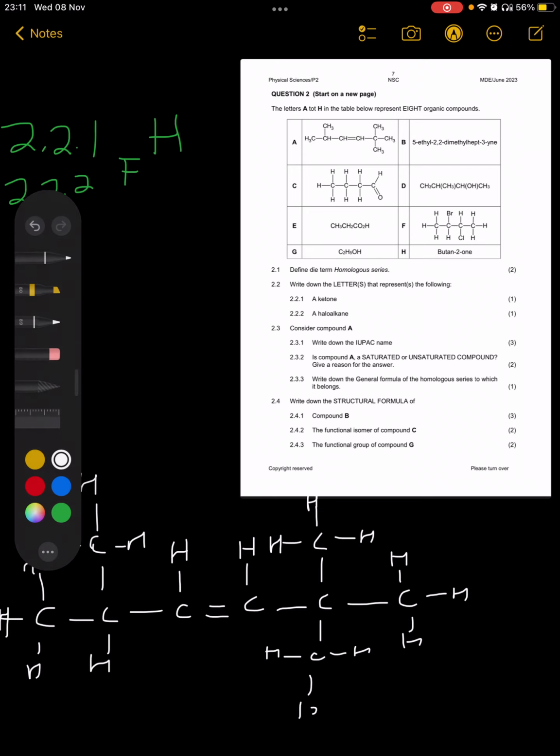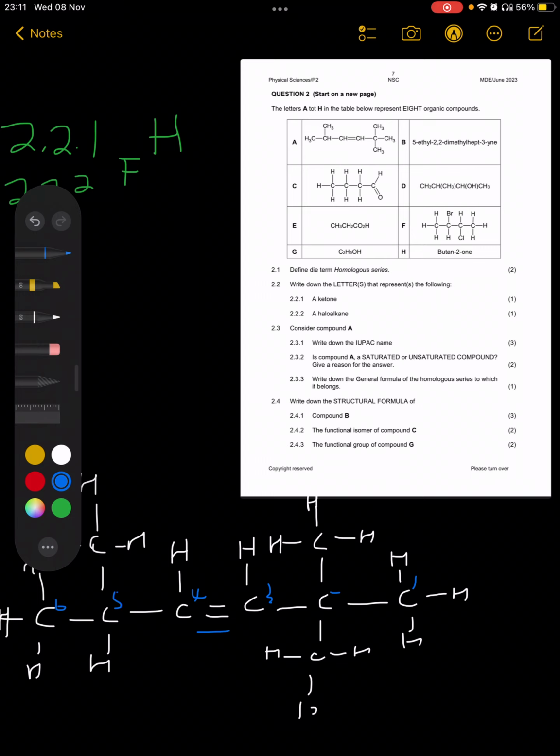To do an IUPAC name, you must first number your carbons. First of all, this structure is an alkene. And where is this alkene? Right here. You can definitely see that this would be carbon 1, 2, 3, 4, 5, 6.